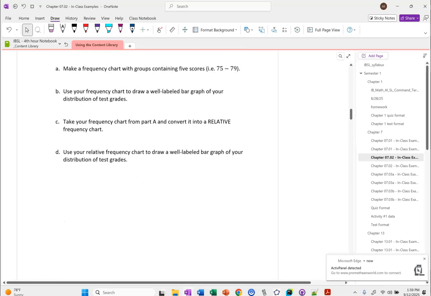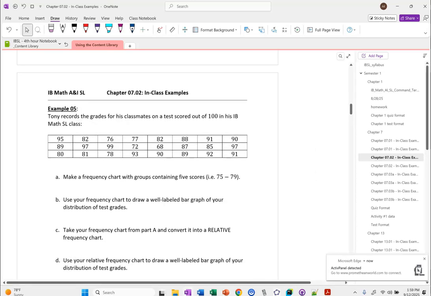So remind me again, what's a relative frequency chart? The difference between a frequency chart and a relative frequency chart? Does anybody remember? So the relative frequency, relative means percent, right? So the relative frequency is just the percentage of that category out of the total.